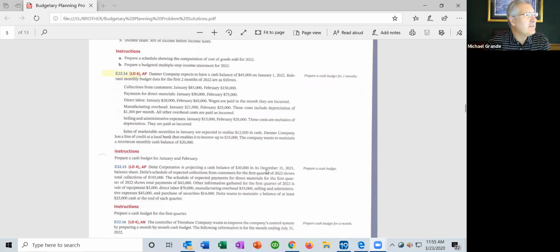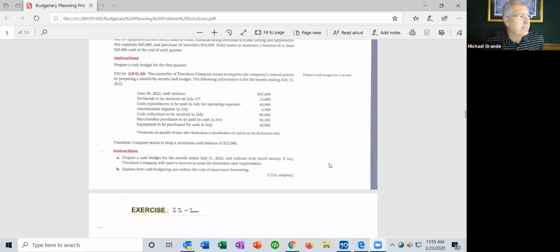The company wants to maintain a minimum monthly cash balance of $20,000. So at the end of the month, when you do your cash budget, if they do not have $20,000, they need to borrow enough cash to get them in that position. Prepare a cash budget for January and February.